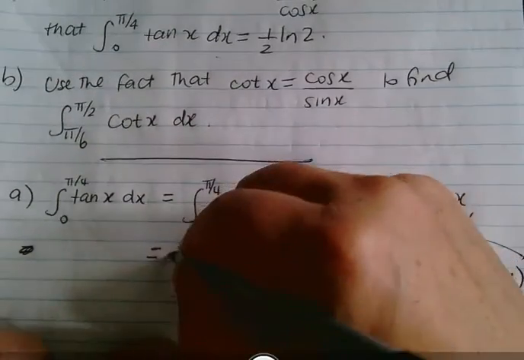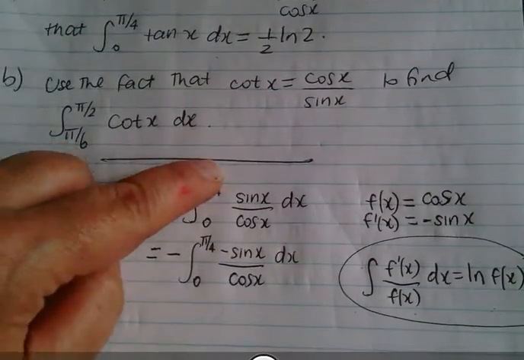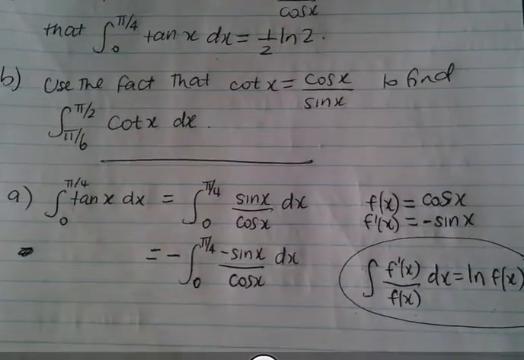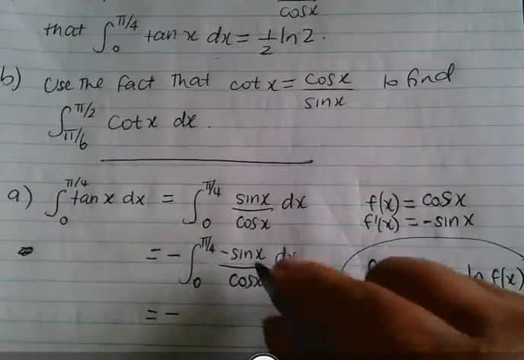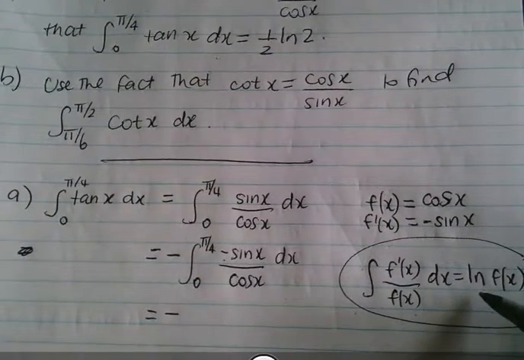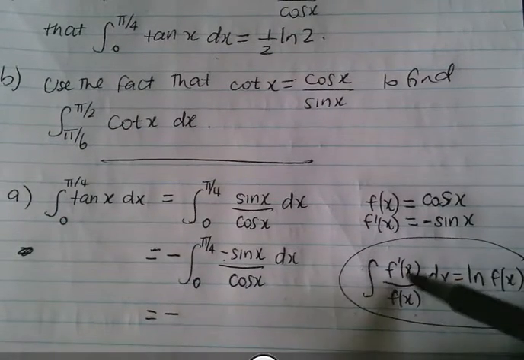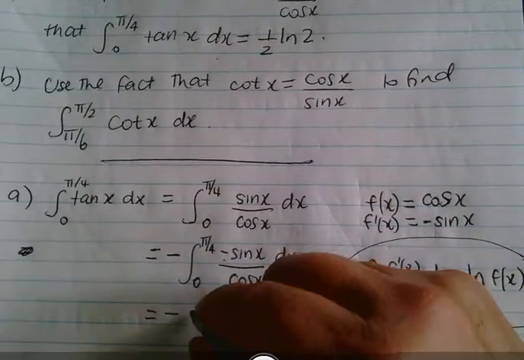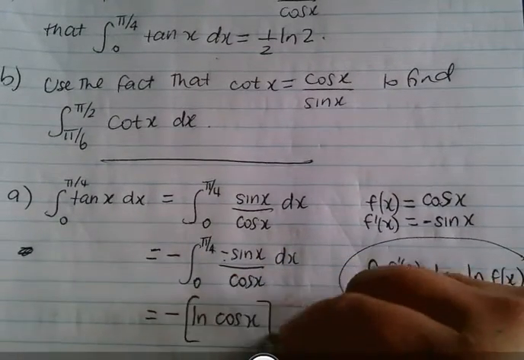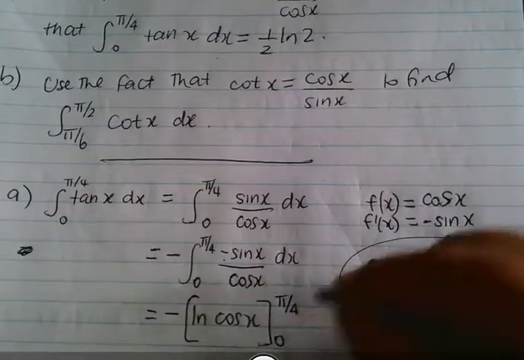I put a negative out the front. And now what I'm trying to do is the same as what I am doing. Do we sort of get this? So now, what's the integral of negative sine x on cos x? It's in that format. Negative ln of cos x between pi on 4 and 0.